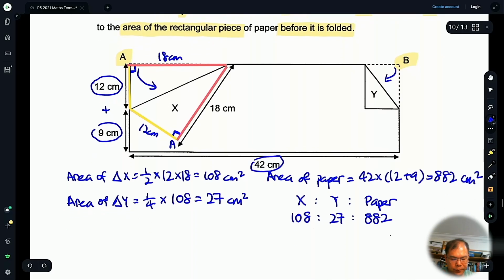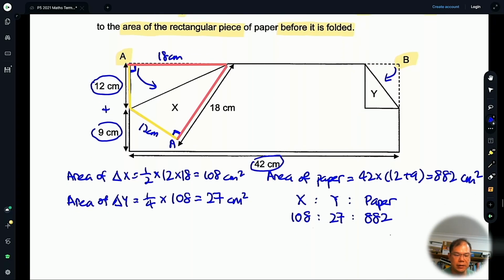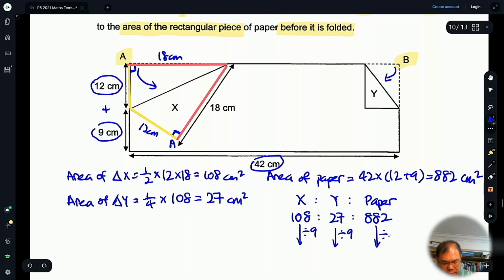Now, the final answer, you're supposed to simplify this ratio. You realize that these three numbers have a common factor of 9, so all these three numbers can be divided by 9.